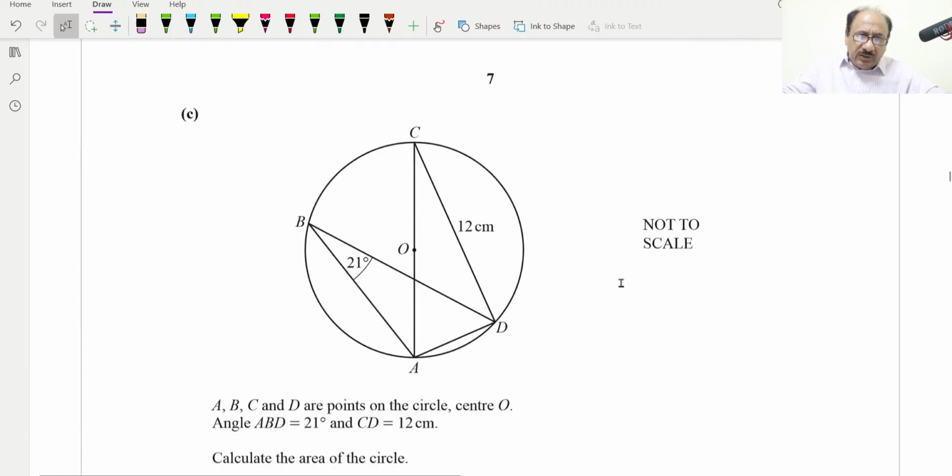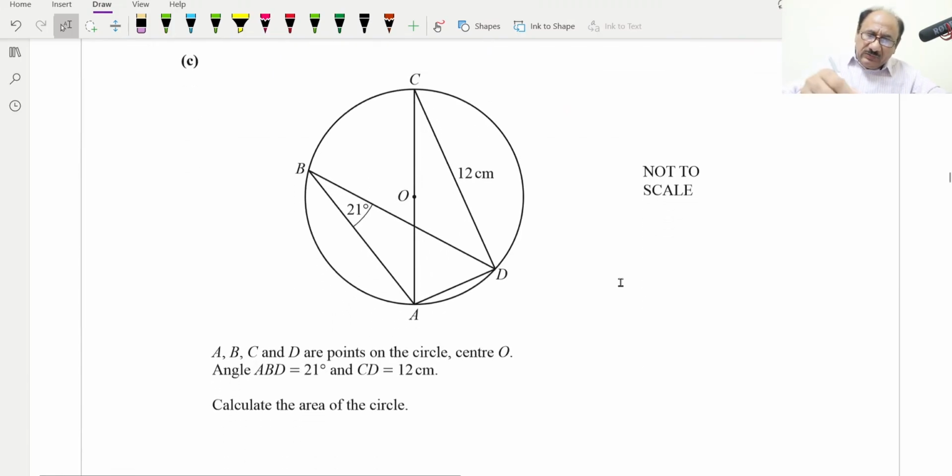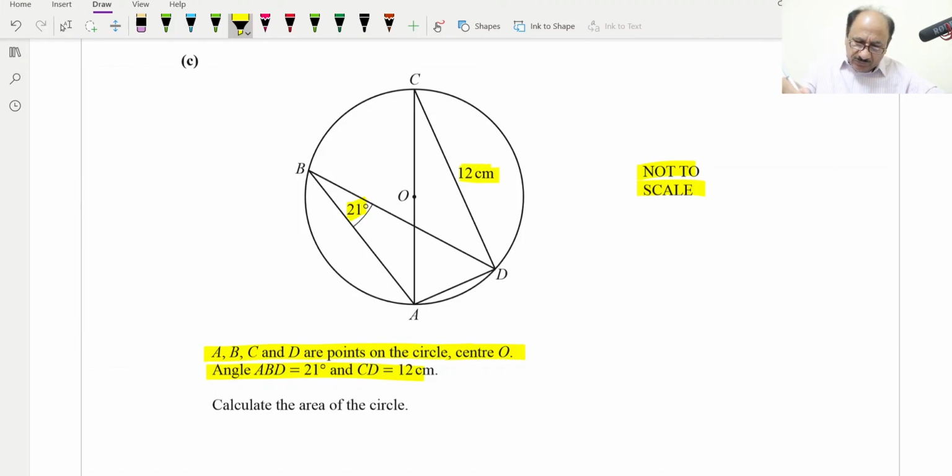Now the C part, they are asking about this circle theorem, which is not to scale. A, B, C, D are points on the circle, center O. Angle ABD is equal to 21. This angle is 21 and CD is equal to 12 centimeters. This is also provided. Calculate the area of the circle.